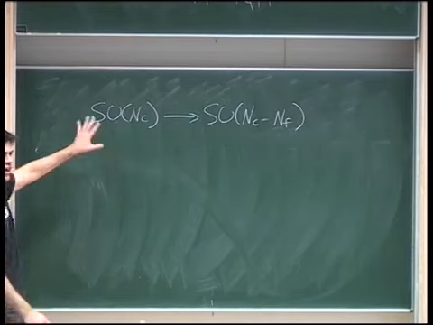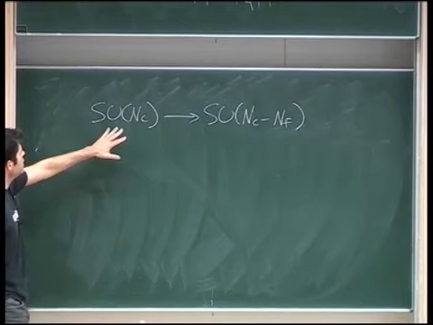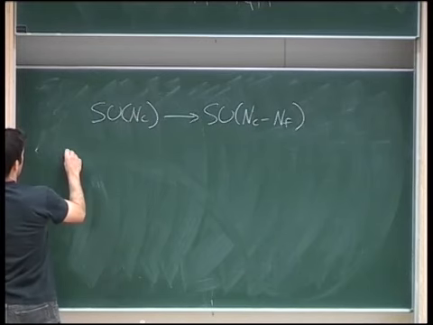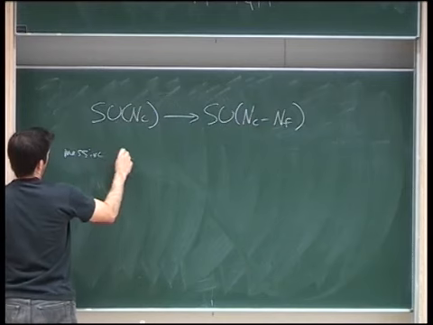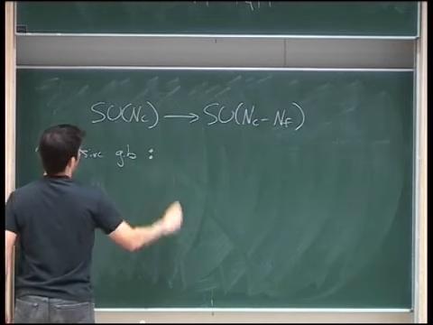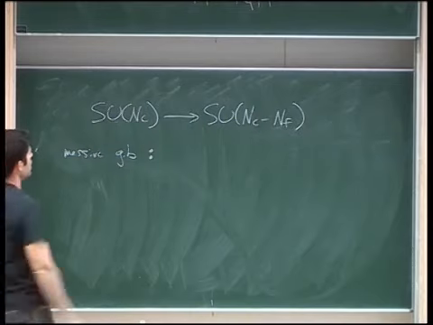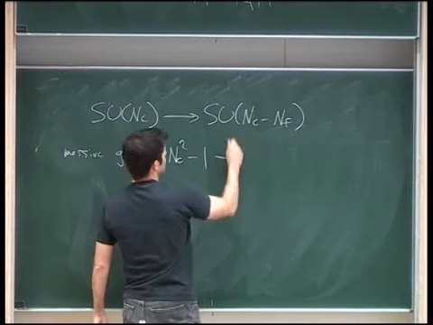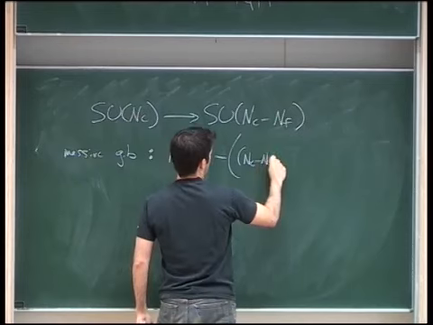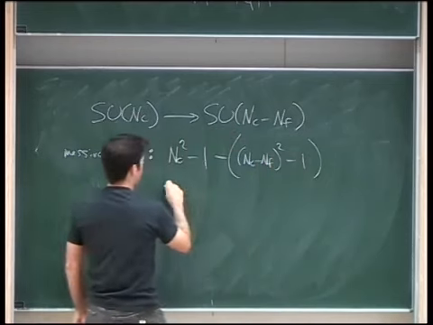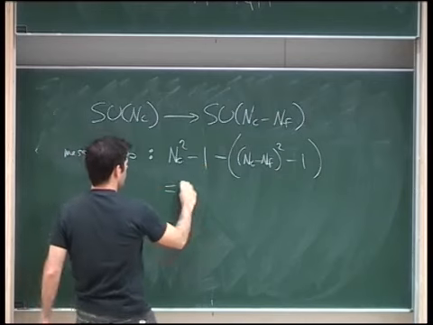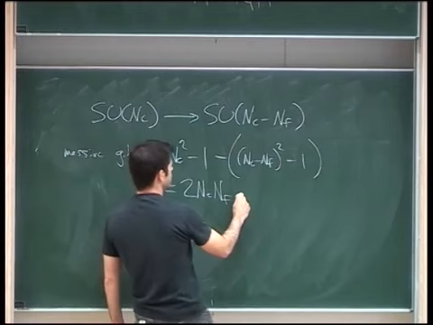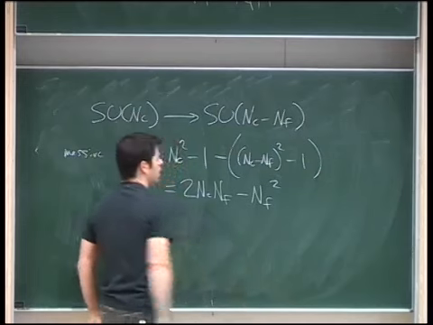And in fact, let's check some counting. How many gauge bosons got a mass? The number of massive gauge bosons, well, let's say I just take the rank of the original group minus the rank of the unbroken group, which you can see is 2 NC NF minus NF squared.